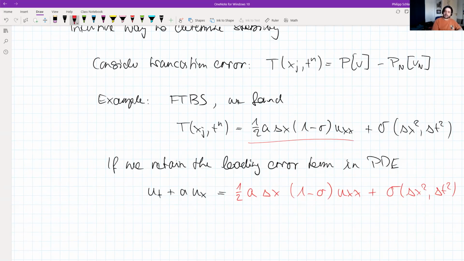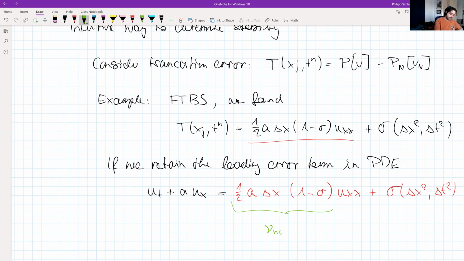But we see now that instead of solving the advection equation u_t plus a times u_x, or a hyperbolic problem, what we actually do is we approximate an advection diffusion problem. An advection diffusion problem, because this term here is actually a diffusive term.